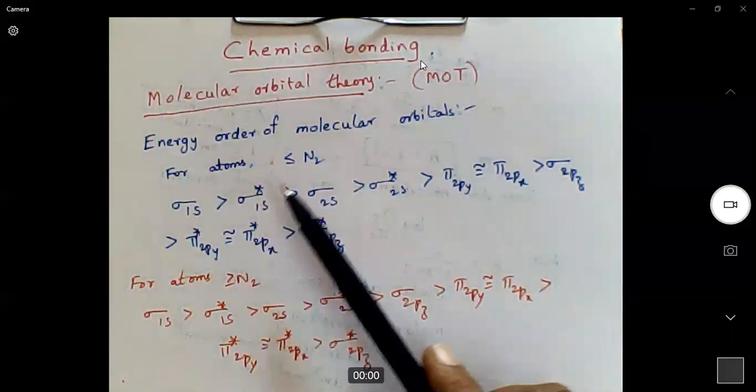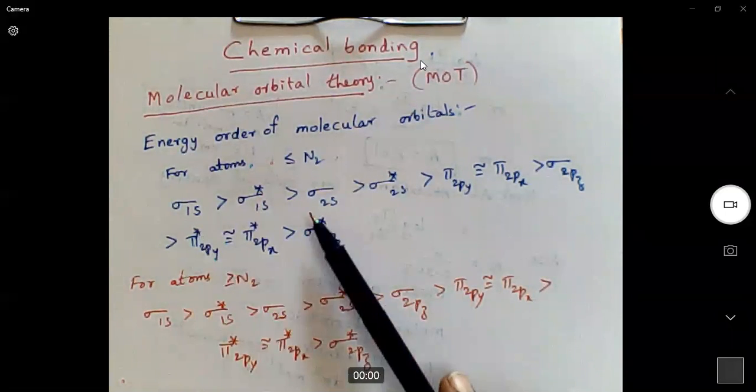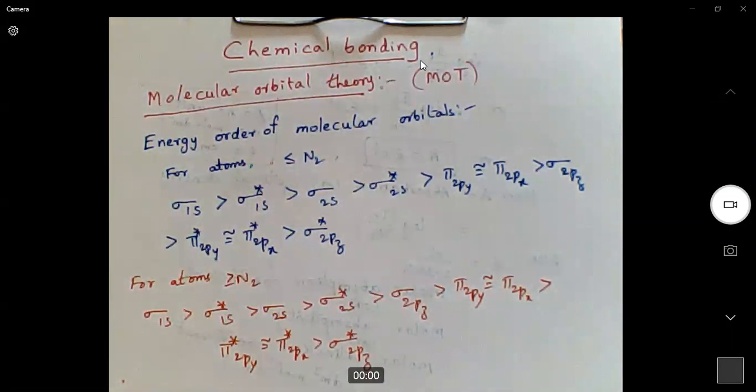If we have 6 electrons, 2, 2, 2. So in each orbital, we will accommodate 2 electrons. Of course, we know electrons will be accommodated in molecular orbitals according to the energy. Lowest energy orbitals must be filled first, then highest energy orbitals.